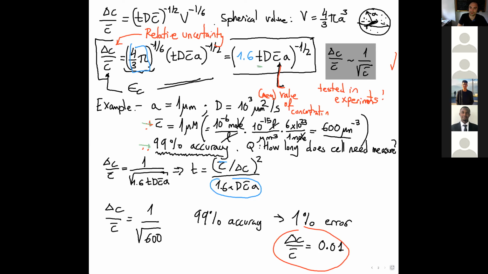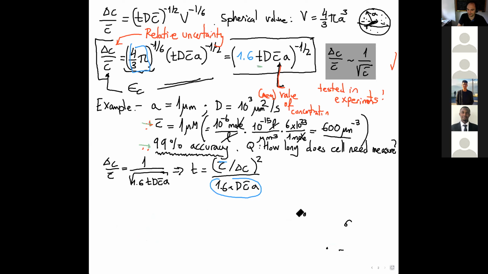So in other words, just to simplify a bit, not very efficient, not too clean, but okay. I just want to say that here we can put, remember, delta C over C bar is 0.01, so C bar over delta C is 100. This is 100 to the power 2.